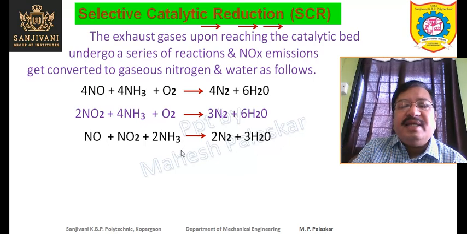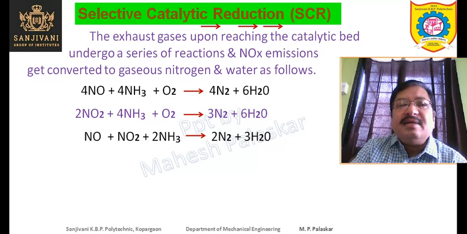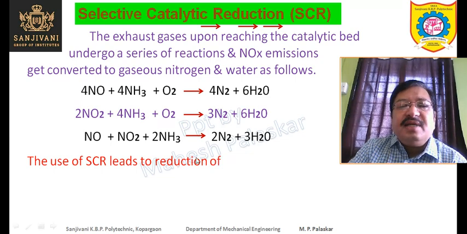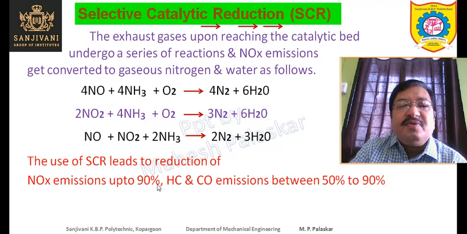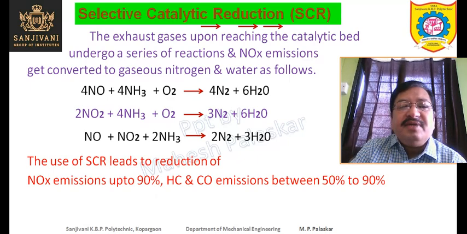So ultimately, through this series of reactions, the nitrogen oxides are converted into nitrogen and water. The use of SCR leads to the reduction of nitrogen oxide emissions up to 90%. So the nitrogen oxides can be reduced up to 90% by using the SCR unit.